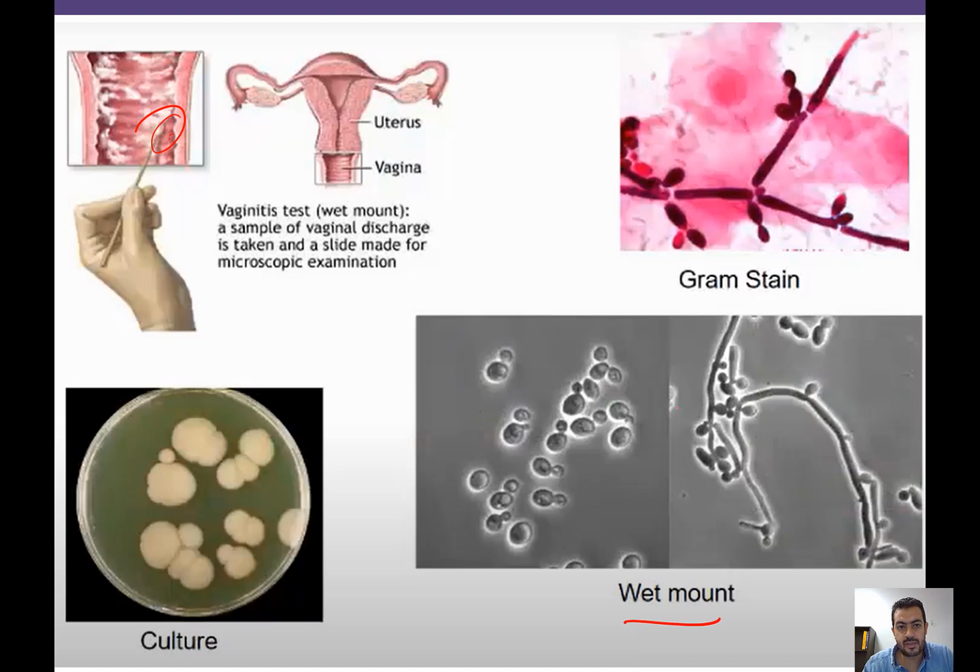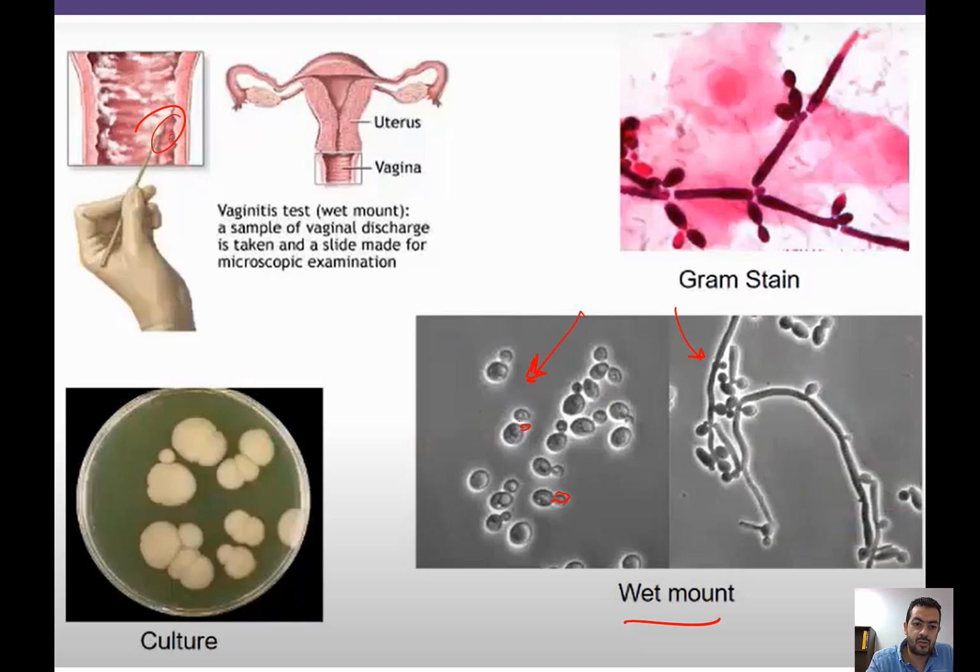So if you take this specimen and incubate it at 25 or at 37 degrees, and you see different morphologies, that will confirm the presence of yeast. So you can see the thread-like hyphae structure, and you can see the yeast-like structure, which is more spherical and with budding. Some cells make these buds.